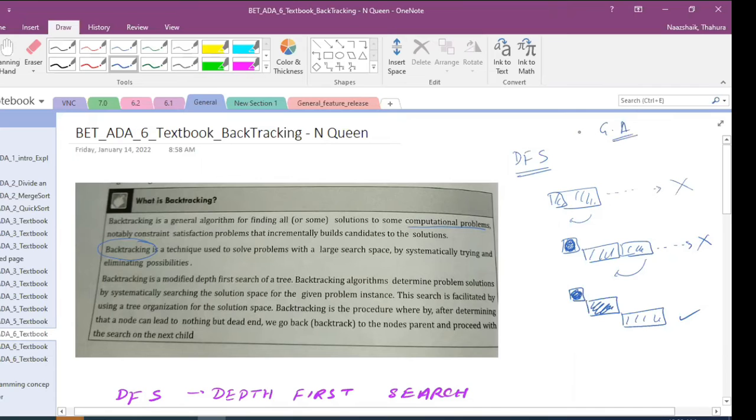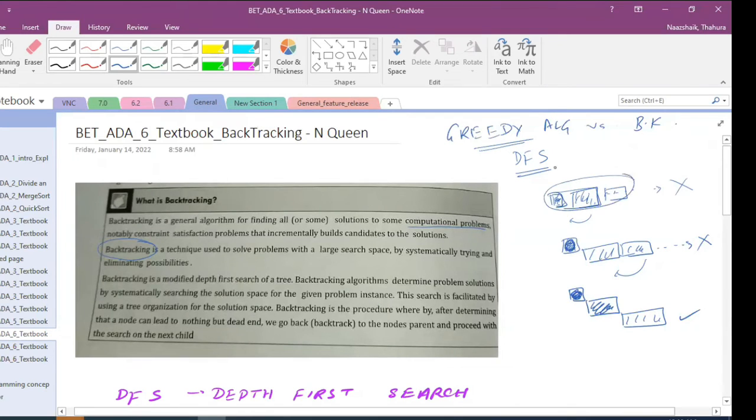There will be one question which you may come across. They will ask you to explain the difference between greedy algorithm versus backtracking. Because greedy algorithm was also building your solution in small steps, step by step. As you keep building step by step, you get your overall solution.